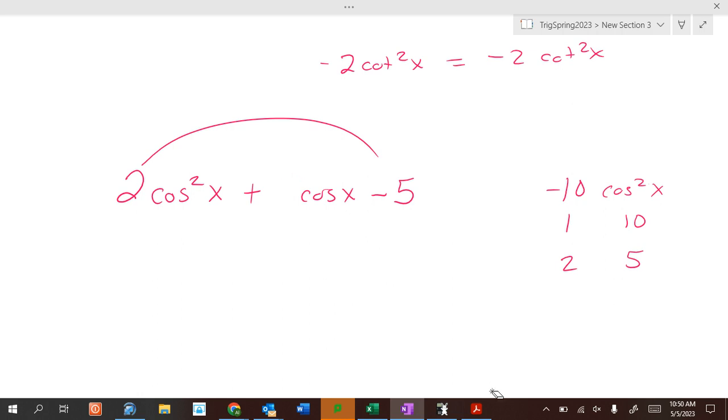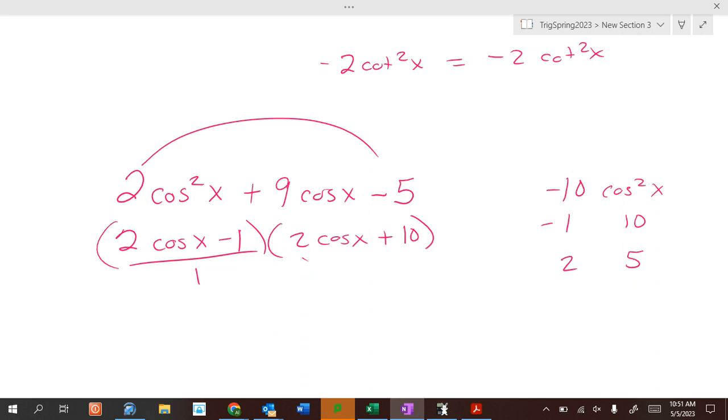Yeah, I screwed this whole problem up. 9 plus 9. There we go. Okay, that's what it should have been. So what adds up to positive 9? 1 and 10. Negative 1, positive 10. So you rewrite this as 2 cosine of x minus 1 and 2 cosine of x plus 10. Divide by the greatest common factor. Well, there's 1 there and 2 is there. So it's 2 cosine of x minus 1 and cosine of x plus 5.